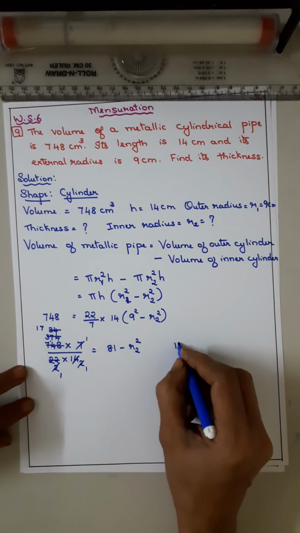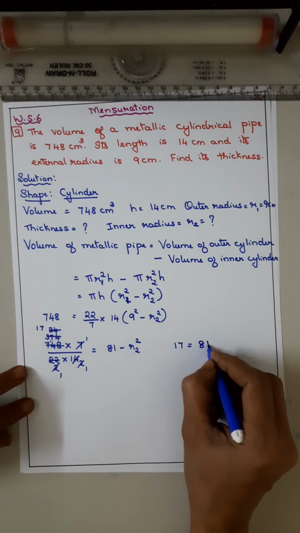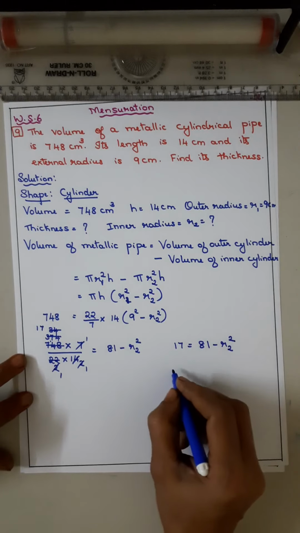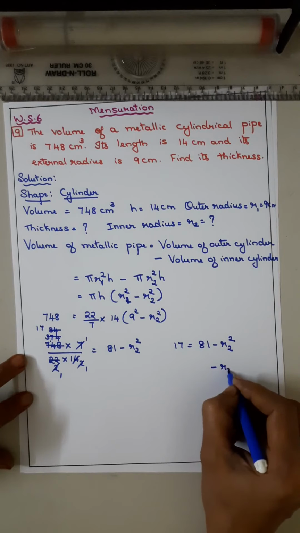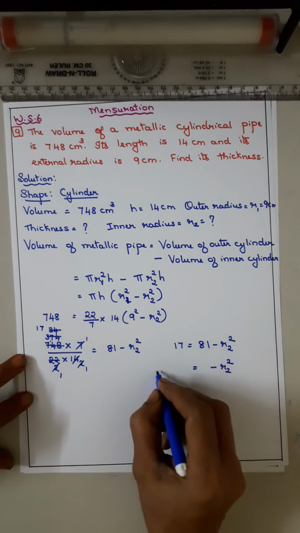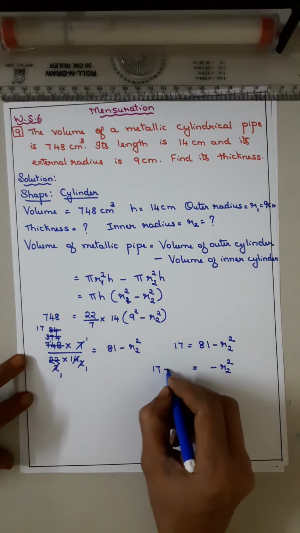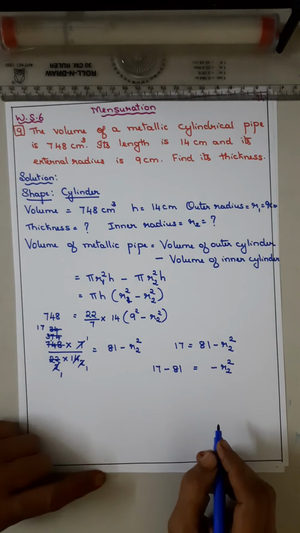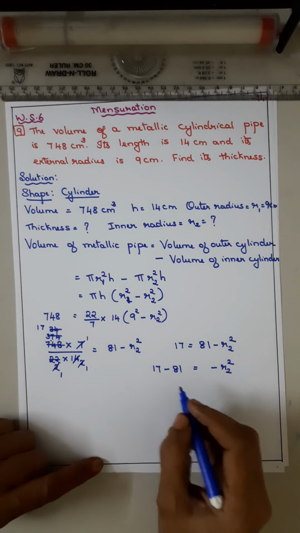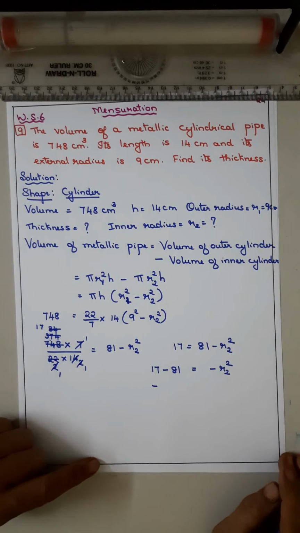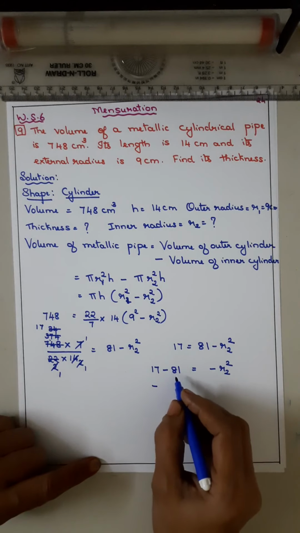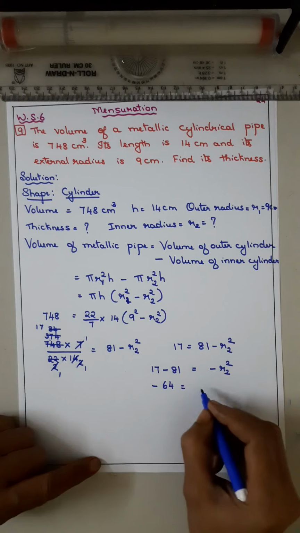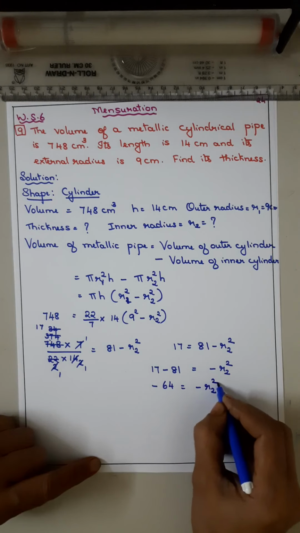That means 17 is equal to 81 minus r2 squared. That is minus r2 squared. Keep it here only. 17. 81, bring it this side. It will be minus 81. Now when you subtract, 11 minus 7 it will be 4, 7 minus 1 is 6, minus r2 squared.